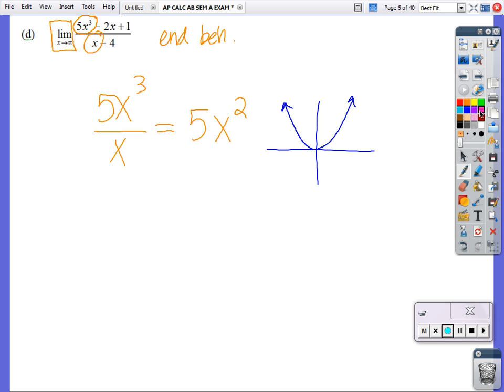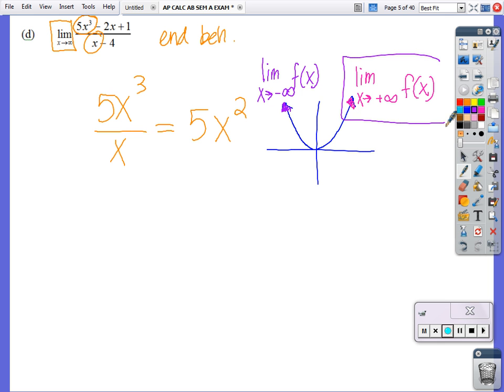This arrow here shows us the limit as x goes to positive infinity of the function. And this arrow here shows us the limit as x goes to negative infinity of the function. The question in this case was to positive infinity, so the arrow points towards the sky, which means that the function goes towards infinity.